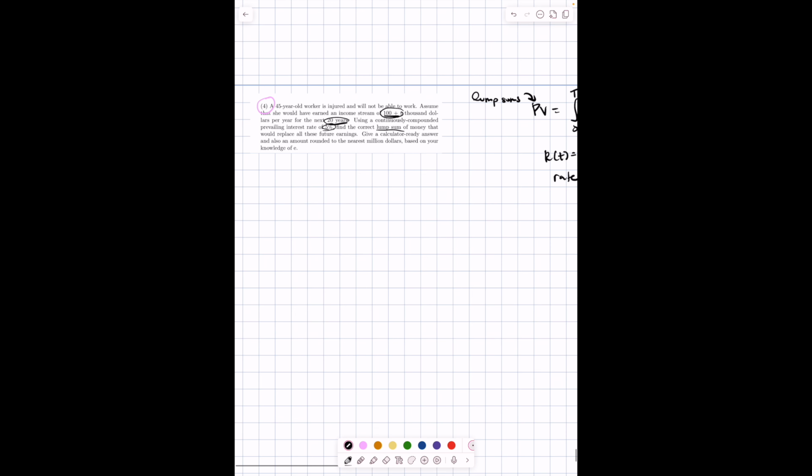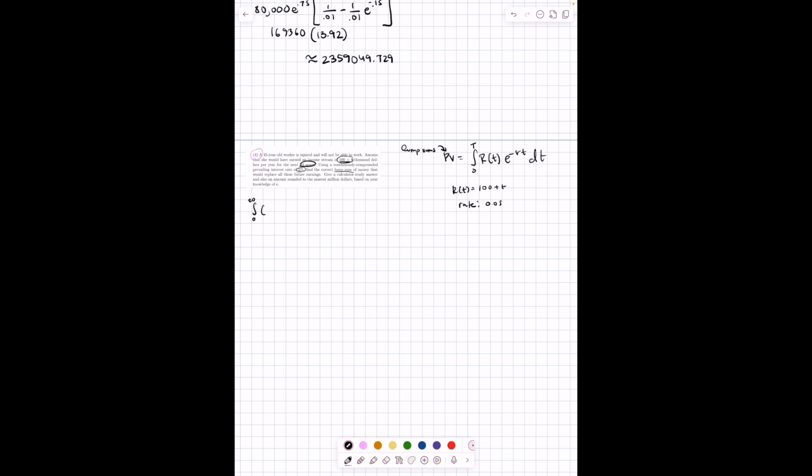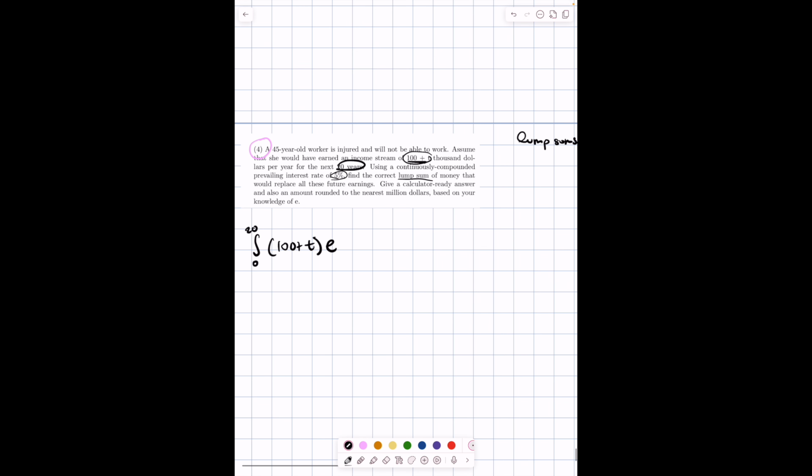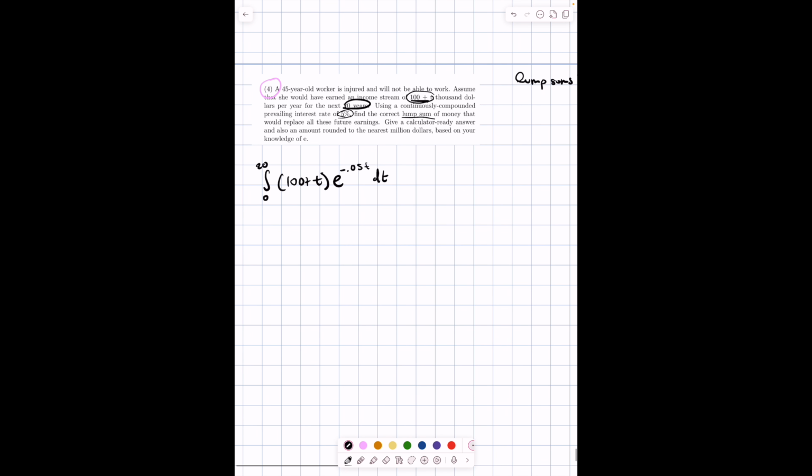Our part now is calculating it. So we want it from 0 to 20 years: the integral of 100 plus t times e to the negative 0.05t dt. Okay, so this is the integral, and it is an integration by parts.